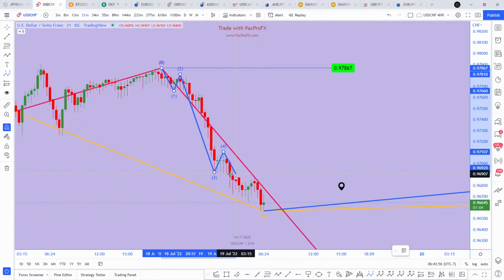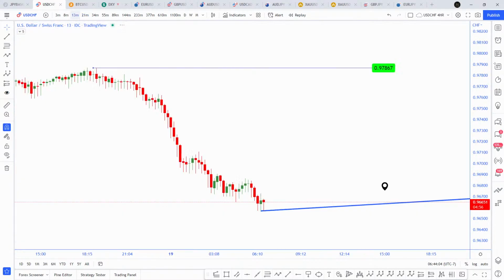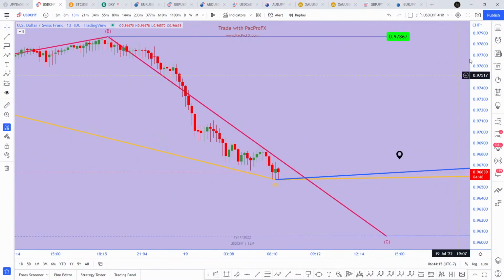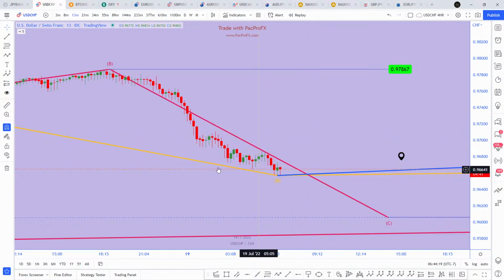But I can't even say that I can call this a correction, because it's just a continuation. So we're talking about a C wave here. So I don't see any kind of good correction here.